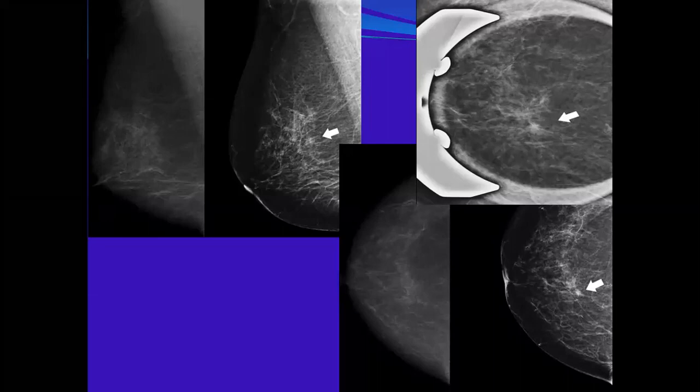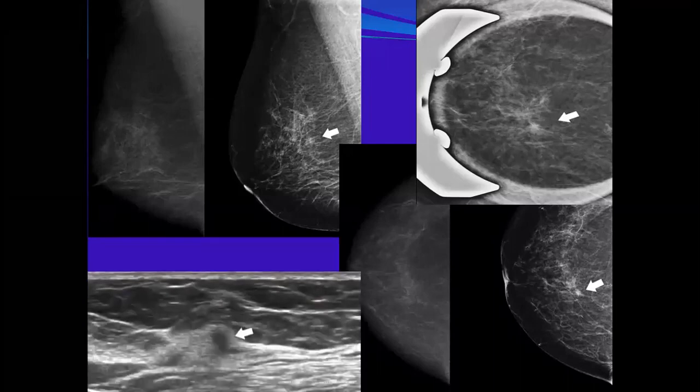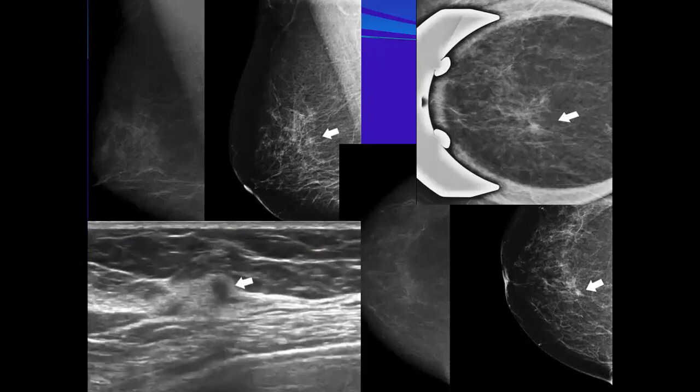Maybe targeted ultrasound, and this is the ultrasound. Targeted ultrasound showed something.